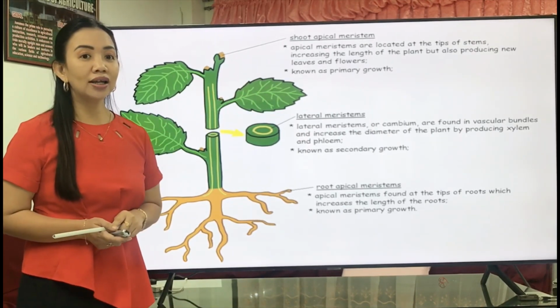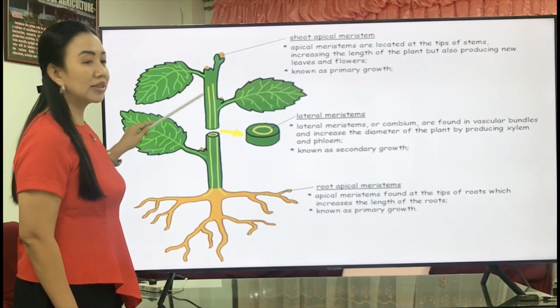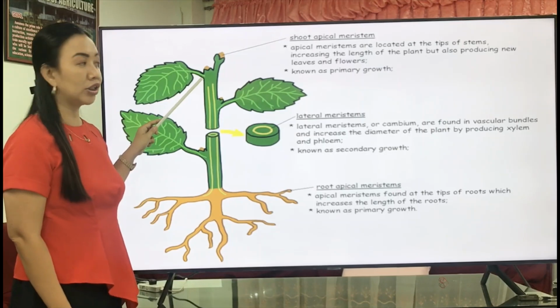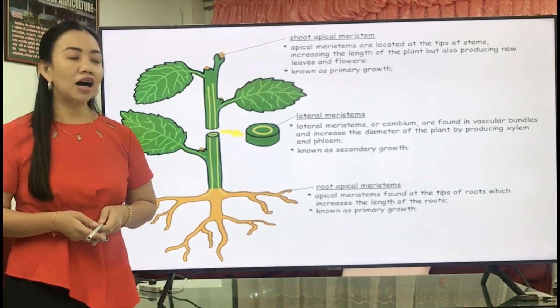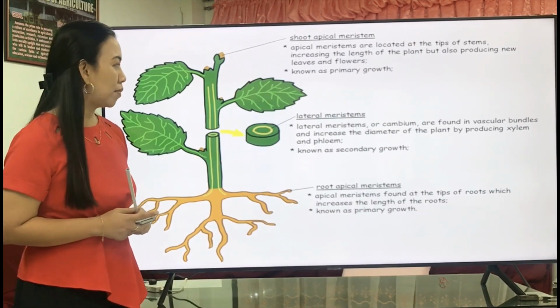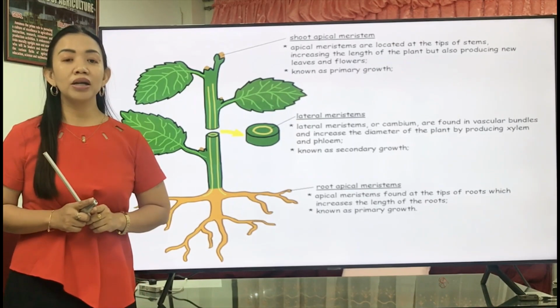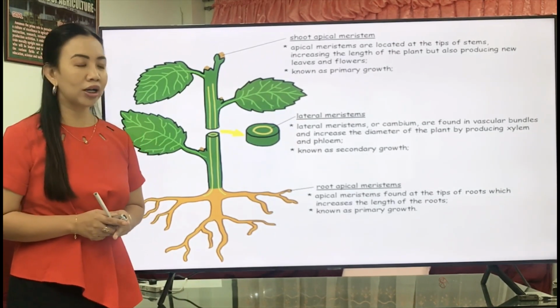And then we have also the lateral meristem. On this side, we can see the increase in the width or the girth of the plant, which is basically the responsibility of the lateral meristem. The lateral meristem is also of two types. We have the vascular cambium and the cork cambium.